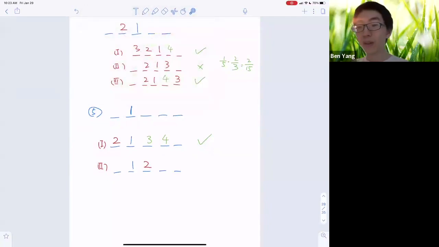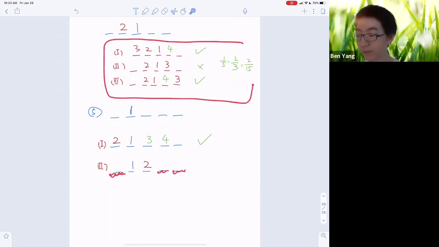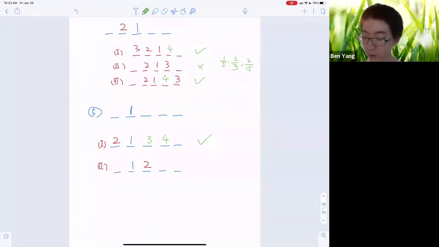Now for the third person, his seat has been taken. So he needs to choose between seat number 1, seat number 4, and seat number 5. That's actually quite similar to the case above there. So the probability of that happening is like 2/3. So 2/3 of the time, things are good.